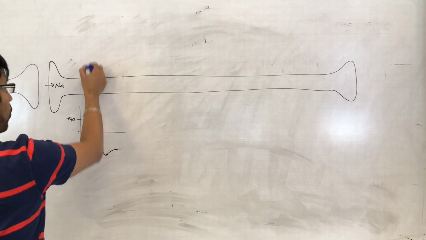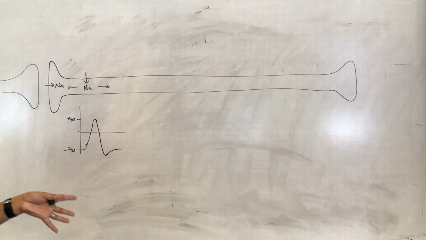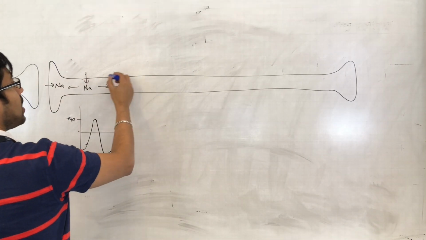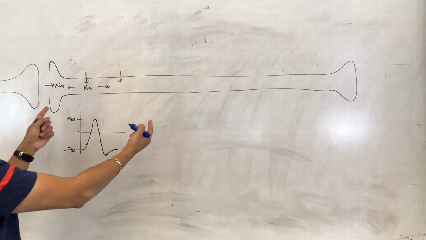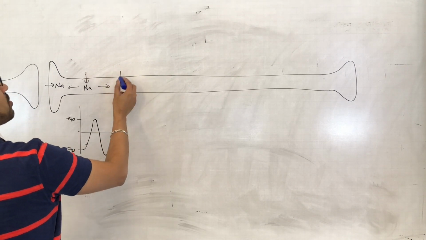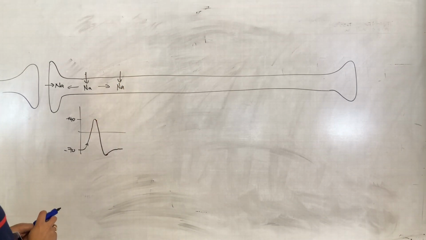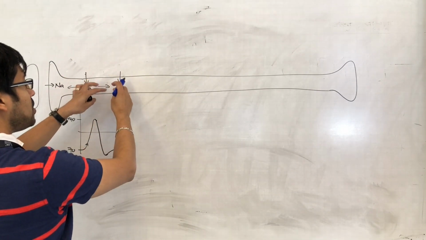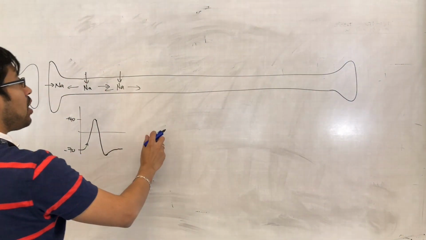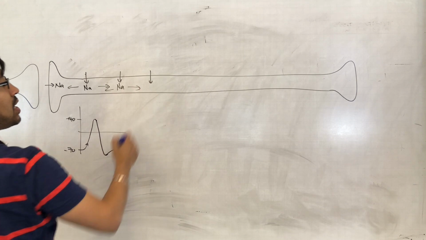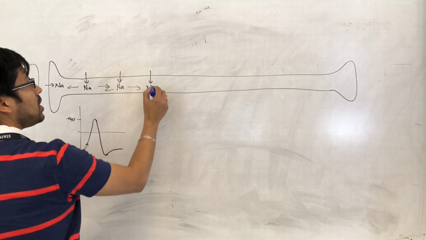Well, when the sodium comes in, it can diffuse in both directions, and so it's going to affect the voltage-gated sodium channels in the neighboring area, open those channels and cause sodium to come in there.